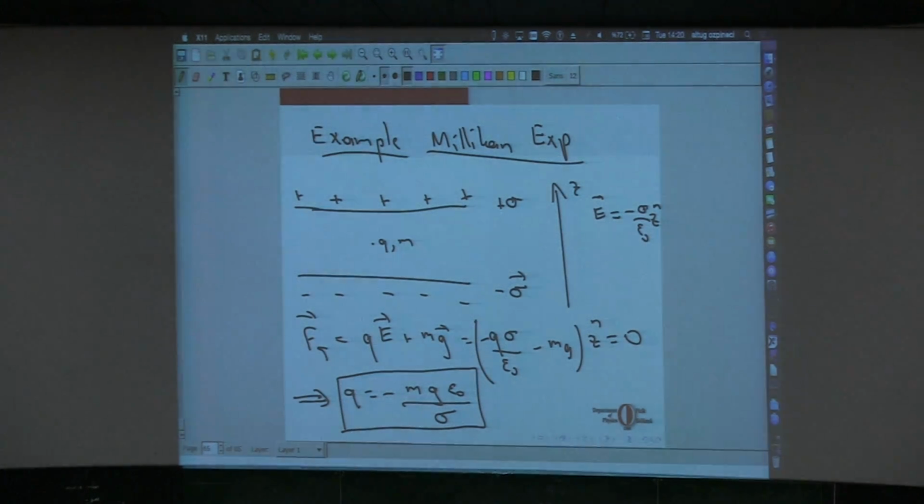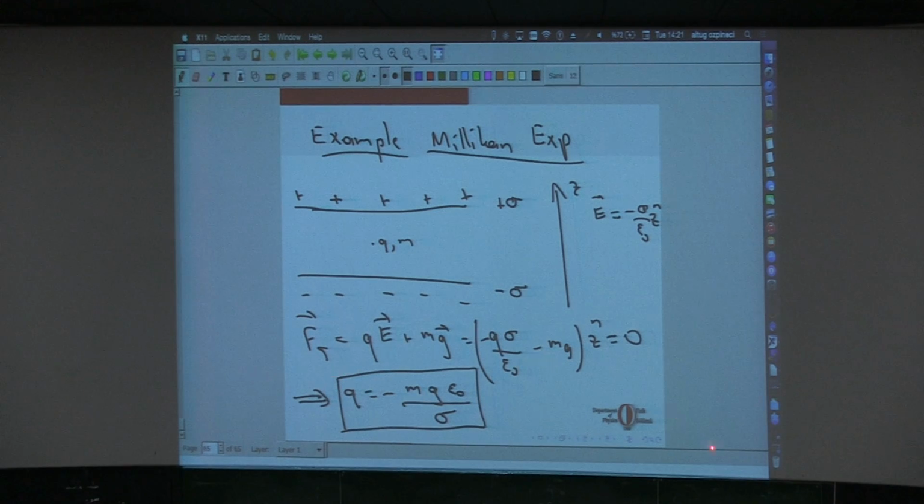No, sigma is not a vector. Well, where is the Earth? Okay, so it's in the minus z direction.